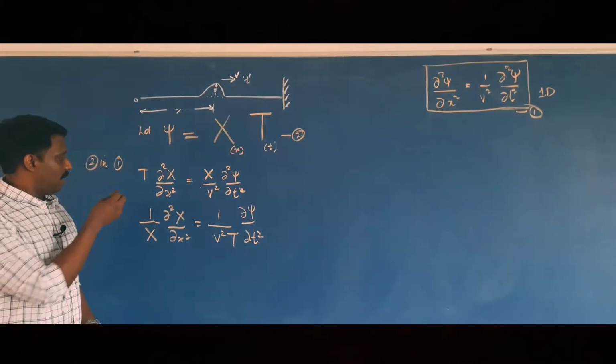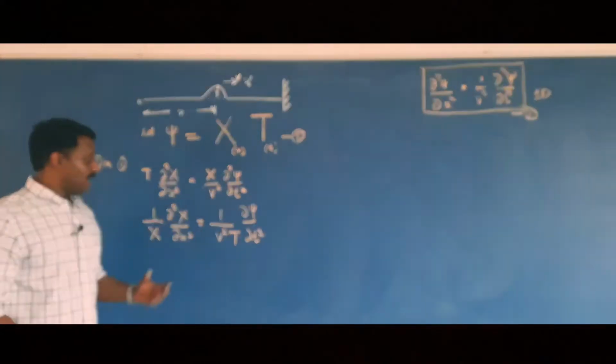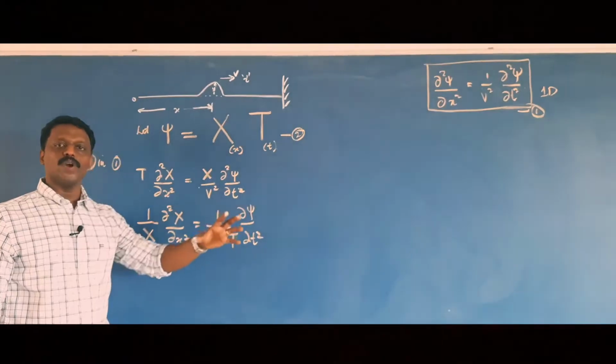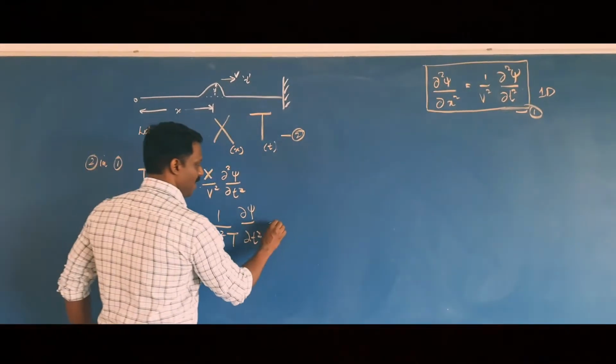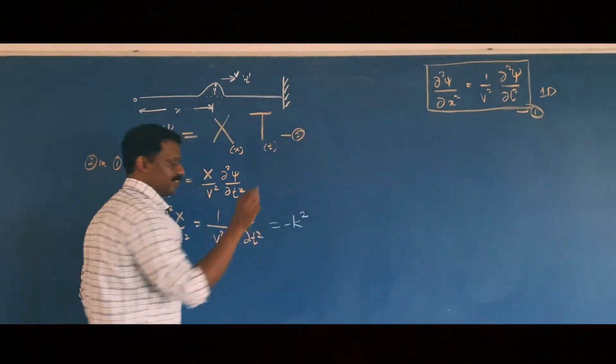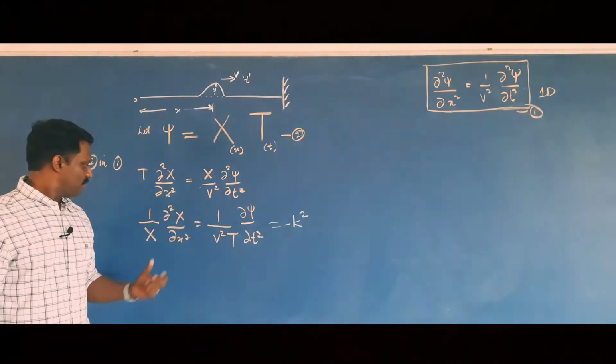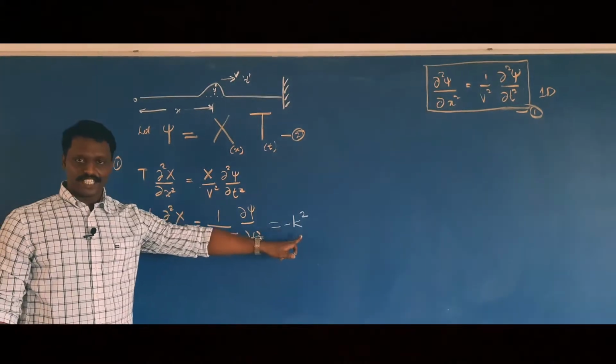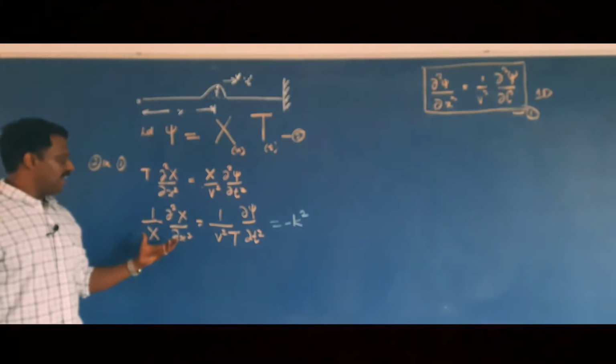Now let us say that the LHS and RHS are both equal to a constant, say negative k² dimensionally.